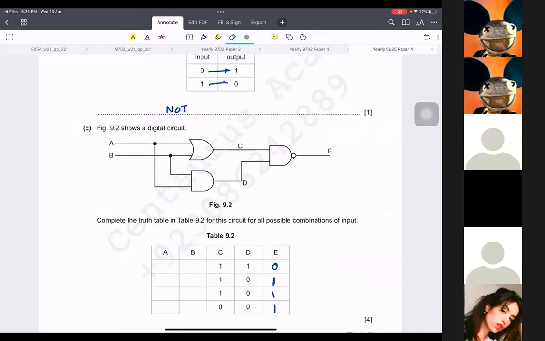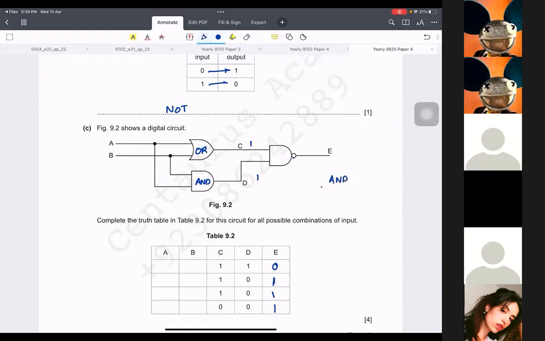Now for this table there is OR. This is OR, this is AND. Okay. So now we got to check. If the answer here was 1 and 1, this means that AND has a truth table. Let me show you.